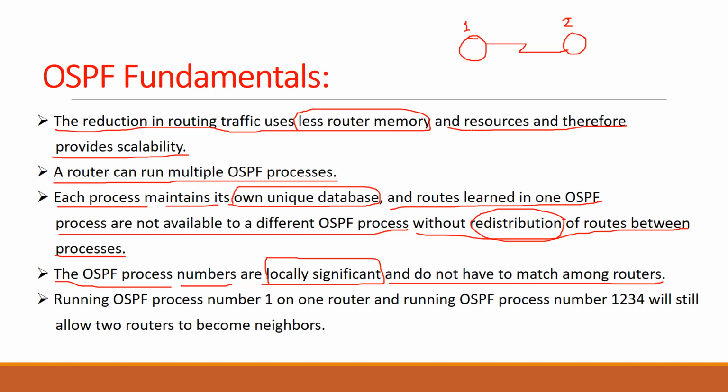So it is not mandatory that the OSPF process numbers between routers match. Running OSPF process number 1 on one router and running OSPF process number 1234 on another will still allow two routers to become neighbors, as we mentioned here.